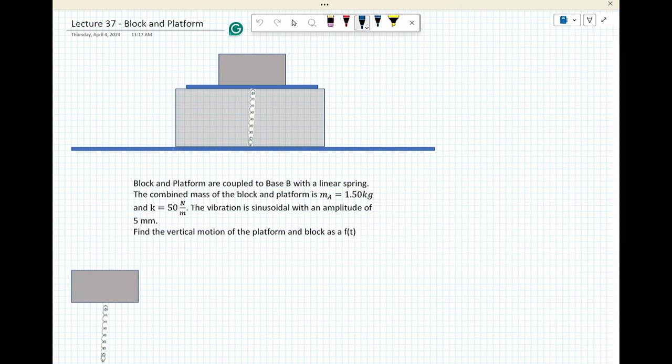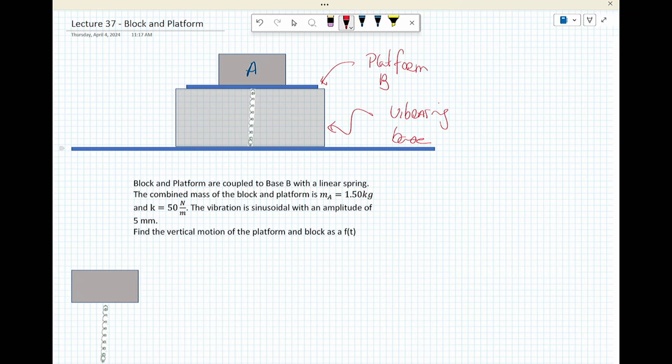Let's try one out. We have a block, and A, B, no, maybe not like that. So one of the things that you often worry about when you're doing work over in a lab is measuring things properly.